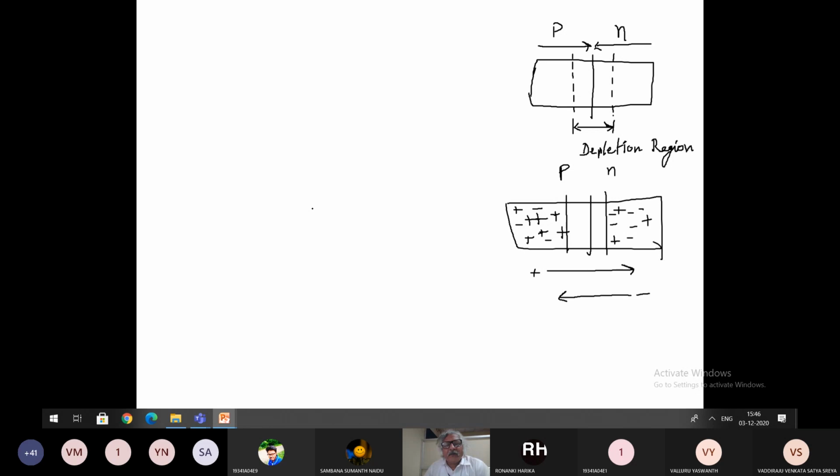Now think about a capacitor. What is a capacitor? There are two plates, metal plates. This is your plate 1, and this is our plate 2. And in between these two plates, what type of material is there? Can anyone tell? Dielectric.